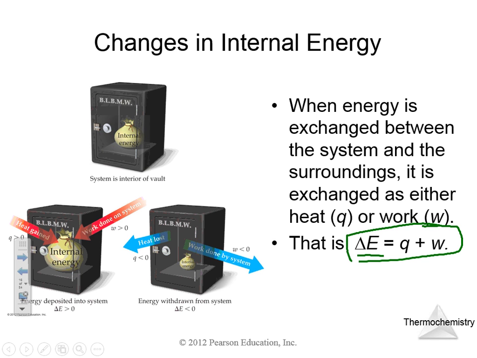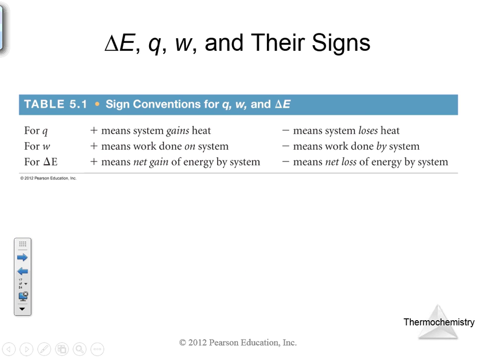Now, one very important thing to note here is this slide. You will want to write this slide down because both work and heat can be negative or positive. You'll want to understand this slide.